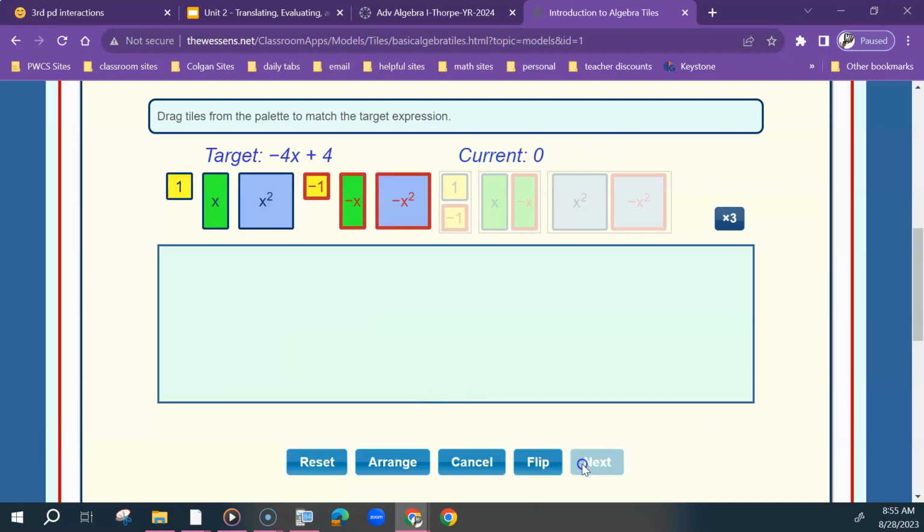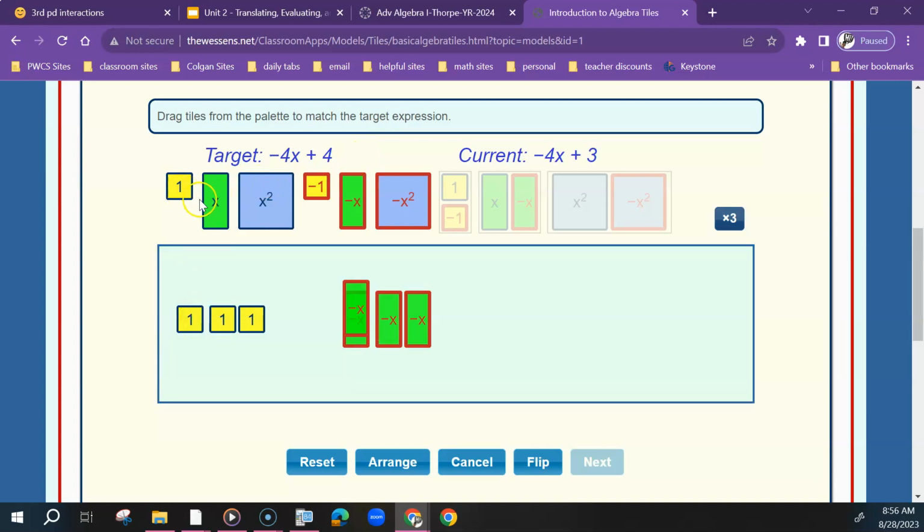Alright, this one, negative 4x plus 4, how would we model that? Tell me one piece. Ashley. 4 of the negative x's. And then we need positive 4. Vanessa. 4 of the positive ones.